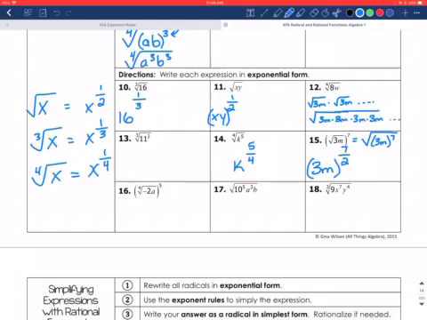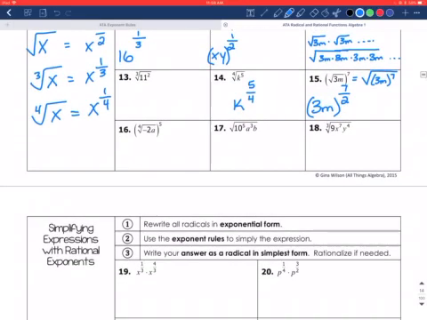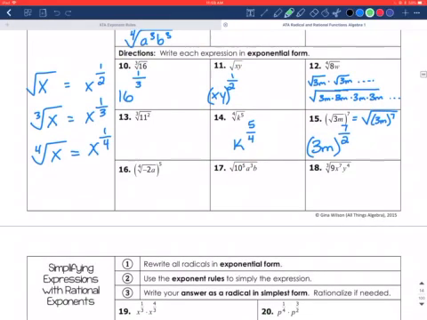For 17 and 18, I'll just do 17, but I do want to show you how this works. Anytime you have something where it has multiple different exponents in the denominator, here's what I want you to do. I told you up here that the square root of anything is just a 1/2, right?